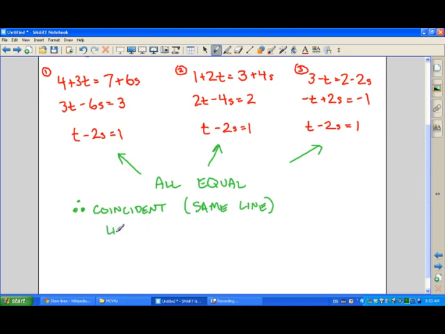Which means there's a line of intersection. And to describe that line of intersection, I can just pick any of the two lines that we started with. So my line of intersection is the line 7, 3, 2 plus the parameter s times the direction vector 6, 4 and negative 2.